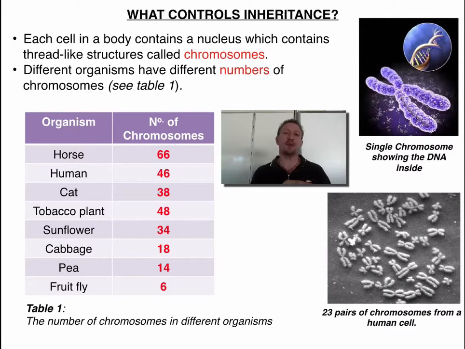Still got the sandwich, but you've got different flavours. Why? Because you've got this mixing between female and male information. Put it together, mix it all up, and the result is you get your own individual characteristic. So we've got different numbers of chromosomes in different organisms, and that will make up what an individual is going to be all about.